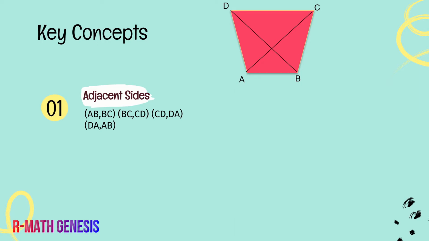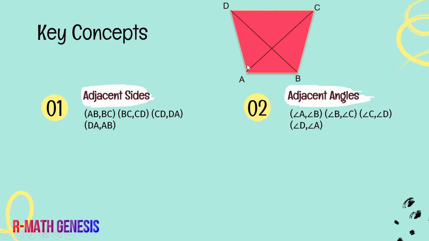If two angles of a quadrilateral have a common arm, they are called adjacent angles. For angle A and angle B, they are having this common arm. So angle A and angle B are adjacent angles. Similarly, angle B and angle C, angle C and angle D, and angle D and angle A.